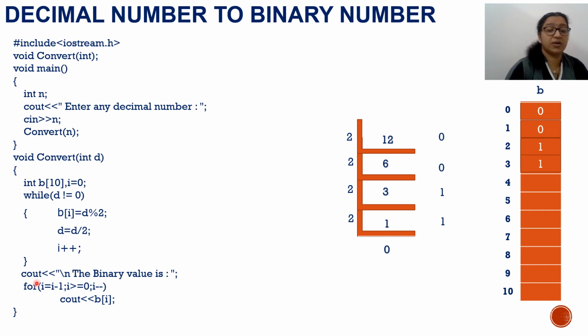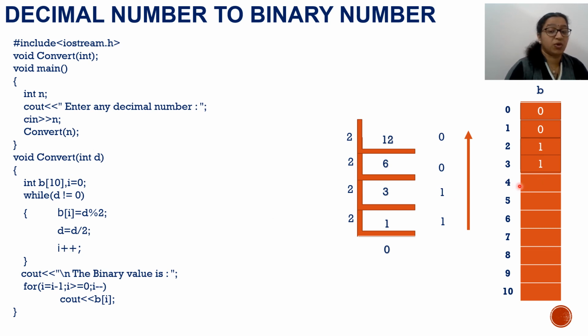Now the next point is we want to read it in reverse order. Reverse style we want to read it. That means 1 1 0 0. But i is here now because after completing, i is incremented. So that means i is focusing on this 4th position.